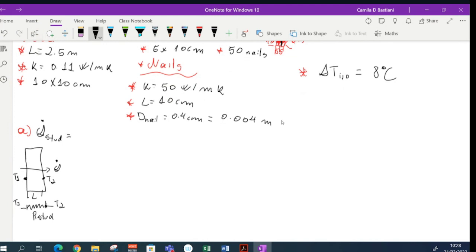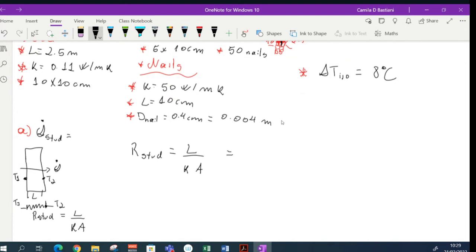So the only resistance I have is the resistance due to conduction of one single stud. So I can say that my conduction resistance of one stud, the 10 centimeters by 10, is equal to the thickness of the stud divided by my conductivity and the area of this stud.